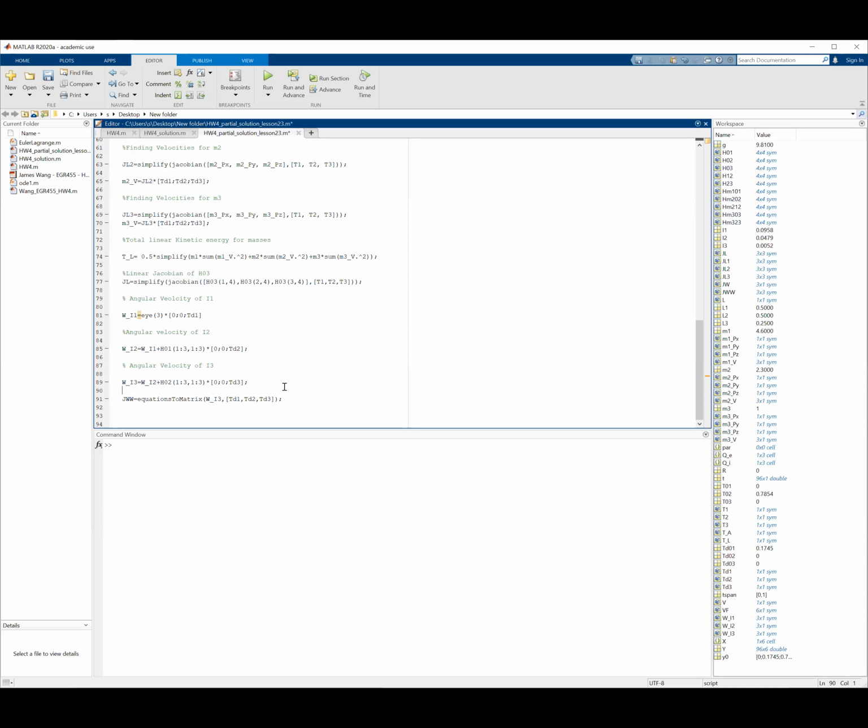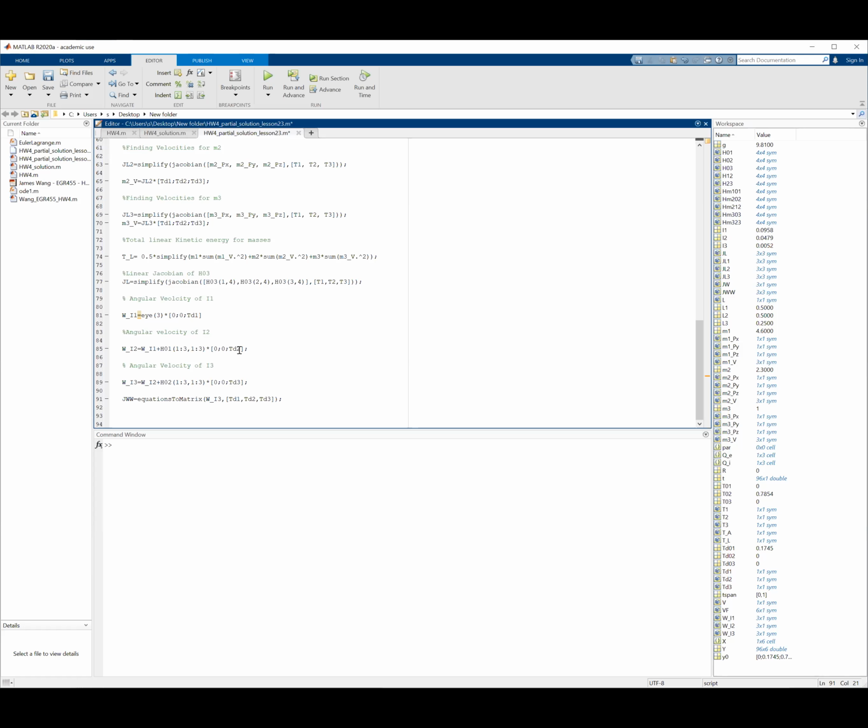But what I'm interested in is the angular velocity of link 3, which is dependent on the previous transformation. That's why I have H02.